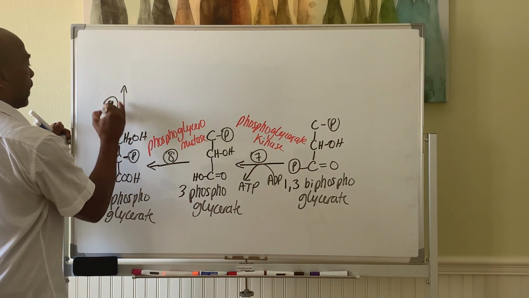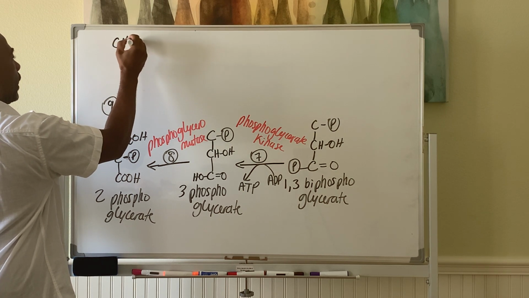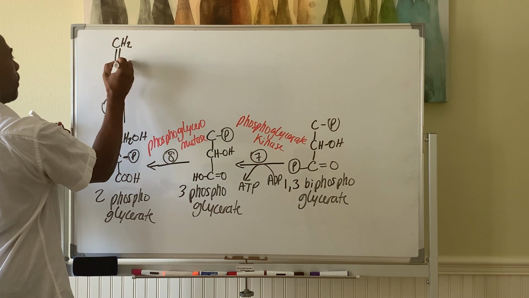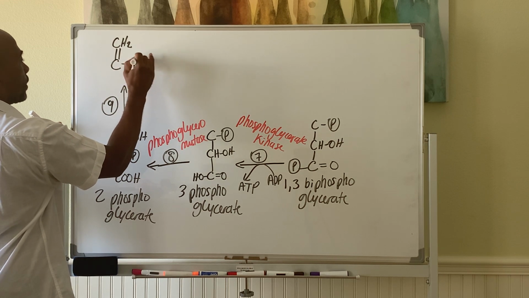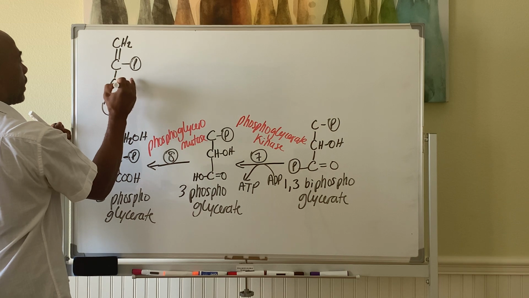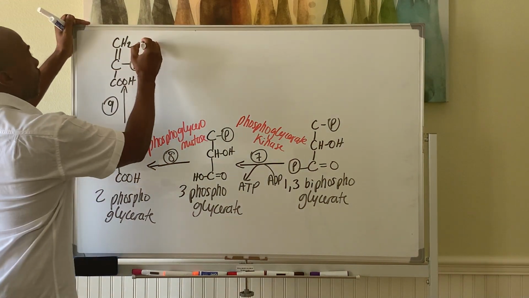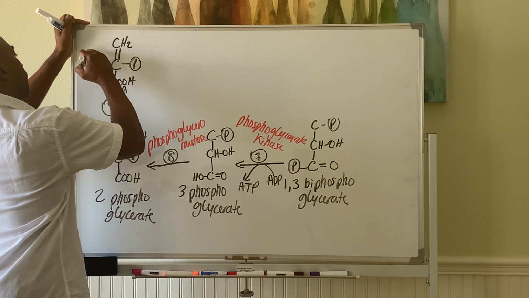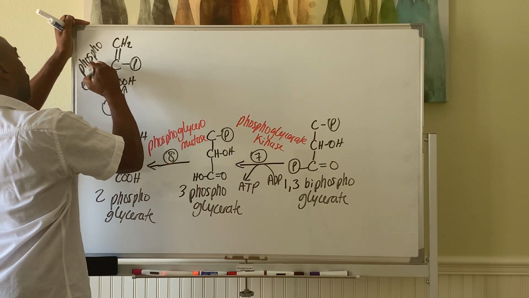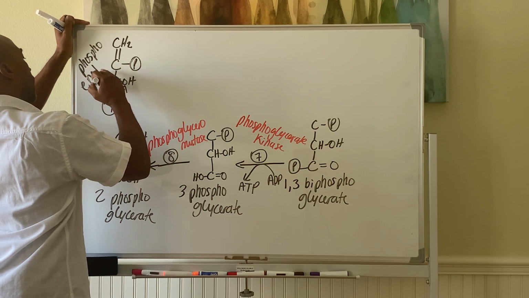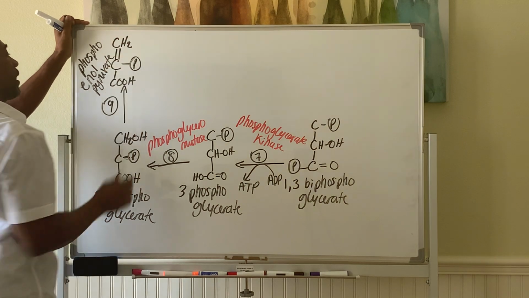That's reaction 9. And here the molecule looks like this. So you have a CH3, CH2, bam, bam, there. Still the phosphate is there, and here. Okay. So that's called phosphoenol pyruvate.